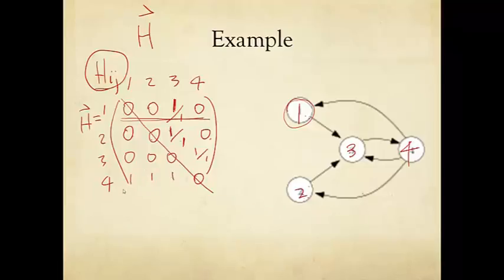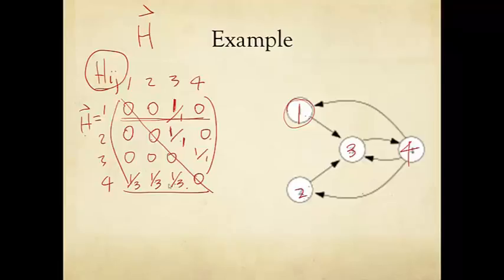Now, we can just write it as such, but to make the computation easier to carry out, we're going to incorporate this normalization right within the definition of this matrix H. We say, since there are 3 outgoing links, let's represent the normalization by dividing each entry by 3. So we got 1 over 3, 1 over 3, 1 over 3.